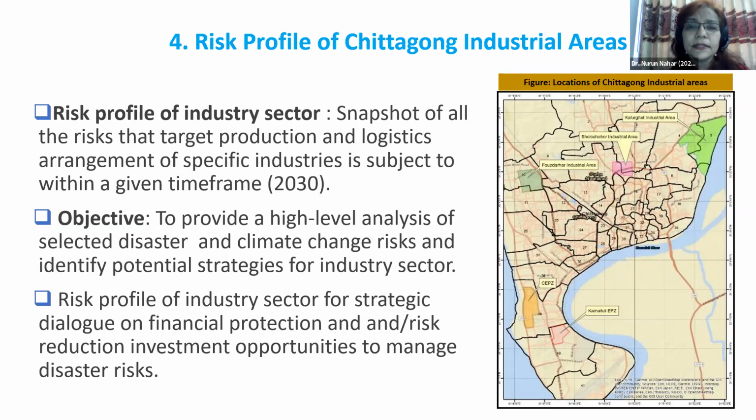As I mentioned, the NRP's theme was resilience investment, both public and private. The Chittagong area is a very important hub for our business, for our export and import sectors, and there are important ports there. In terms of economic value, it is a very important area.